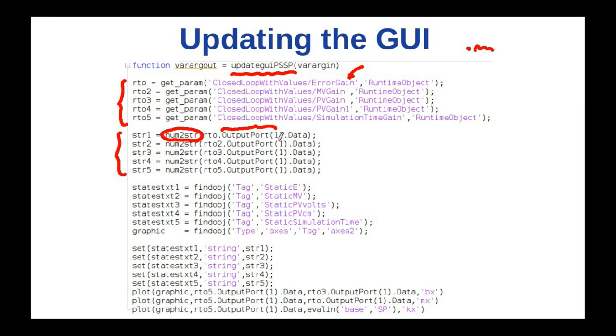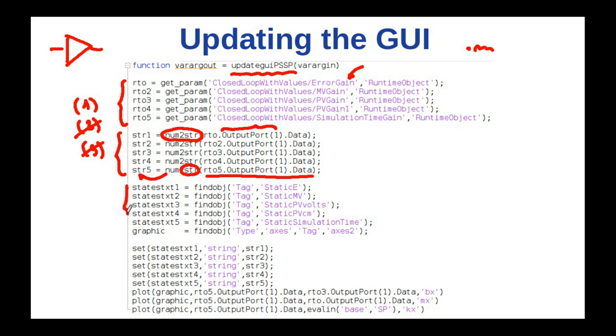We have a single output port. Here we can put between round brackets 1, 2, 3 and so on, but we don't have more than one output because remember we have gain blocks, and then finally the data. So this numerical value in here will be translated into a string and saved in a variable.